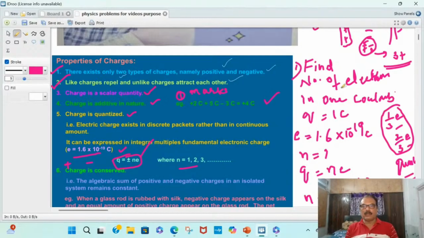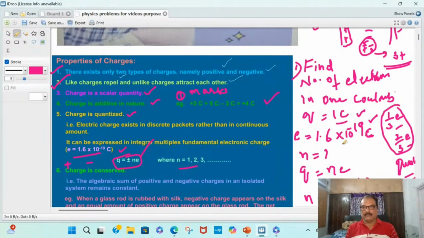Find the number of electrons in 1 coulomb. So given is 1 coulomb, and let us take the smallest charge, plus 1.6 into 10 to the power of minus 19 coulombs. So how many protons are present in 1 coulomb?